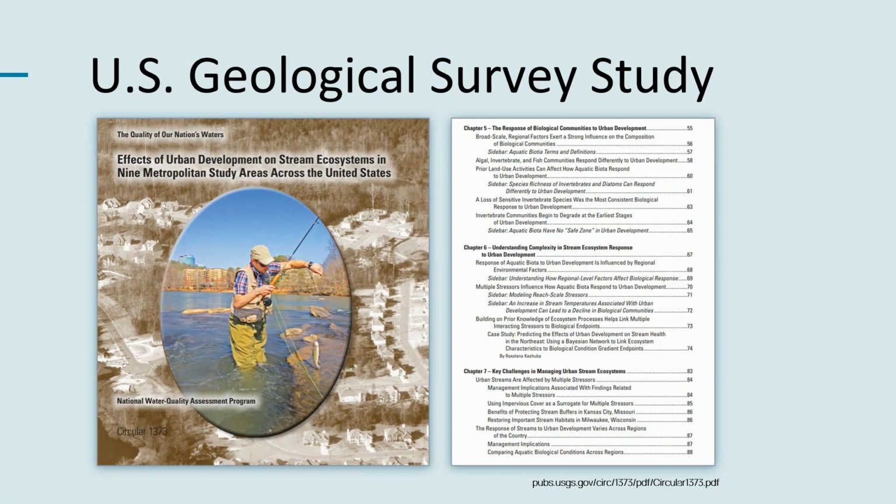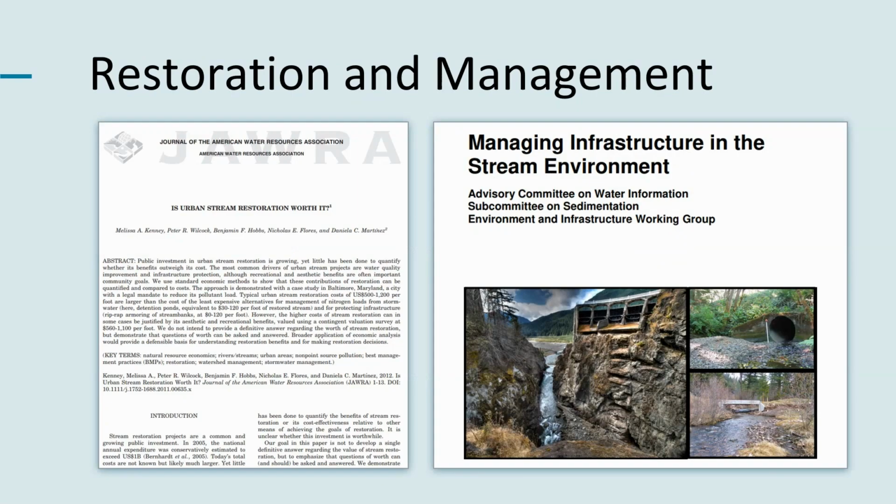And when you look at all the things that riparian areas do, from filtering out pollutants to creating areas for people to recreate and getting people into nature where they might not otherwise be able to, the flood control aspects of it. I mean, there's a lot of benefits from riparian areas that I think we don't always consider, but people are now. And the paper on the right, I'm hoping to do more of a deep dive into this, managing infrastructure in the stream environment.